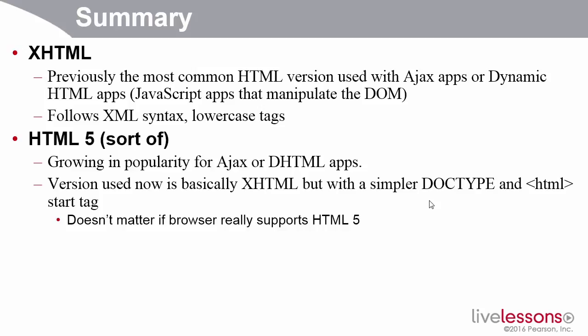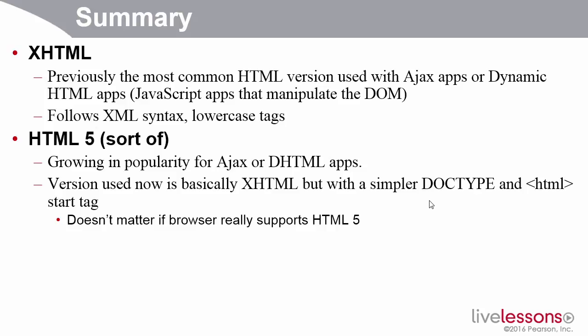A second version, and the version that's more popular nowadays, is HTML5, but I say sort of, because HTML5 is actually more liberal than you probably want to be when you're using JavaScript. So the variation of HTML5, the way that you use HTML5, is you write it as if it was XHTML, but you have some simpler tags.